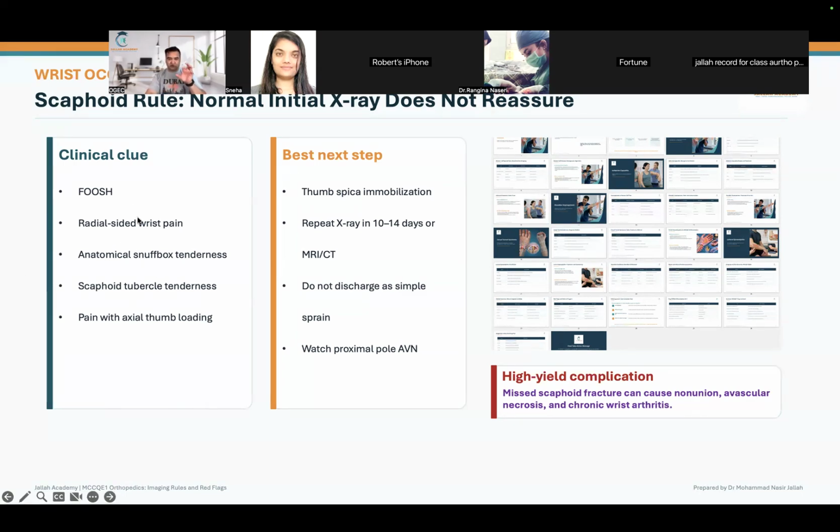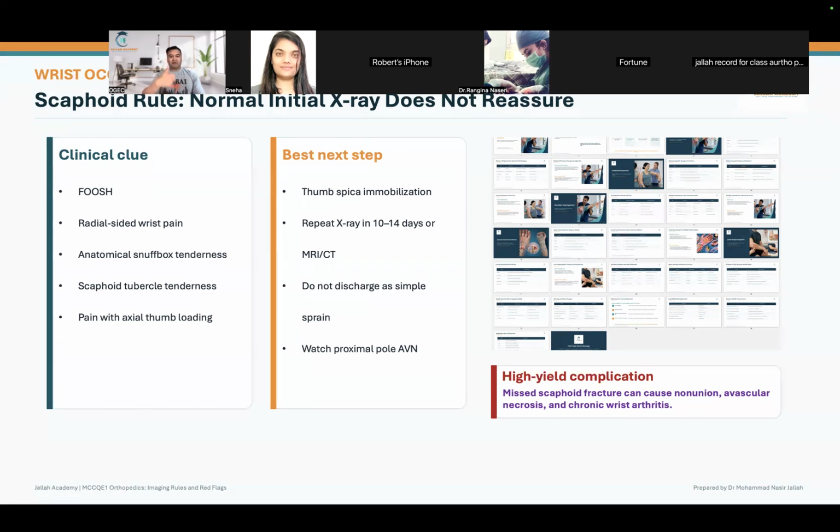If you see that in the scenario, you should be able to say that this is a scaphoid fracture. The mechanism is a FOOSH, radial-side wrist pain, anatomical snuffbox tenderness, scaphoid tubercle tenderness, and pain with axial thumb loading. So the best next step for me should be what?